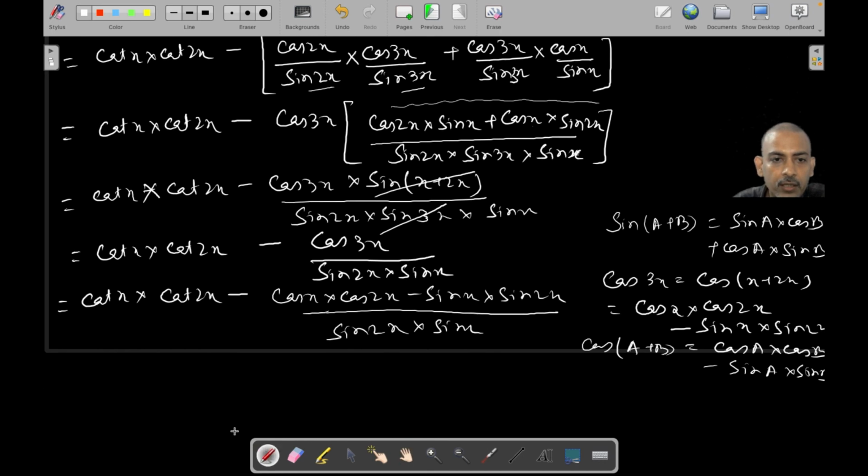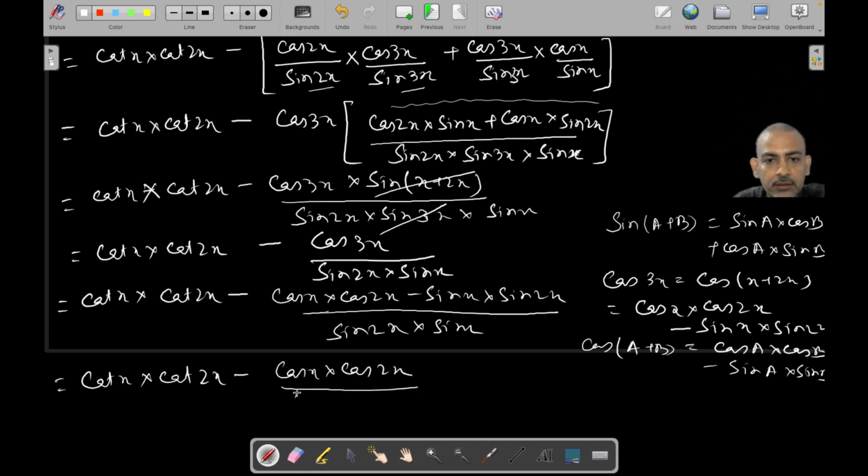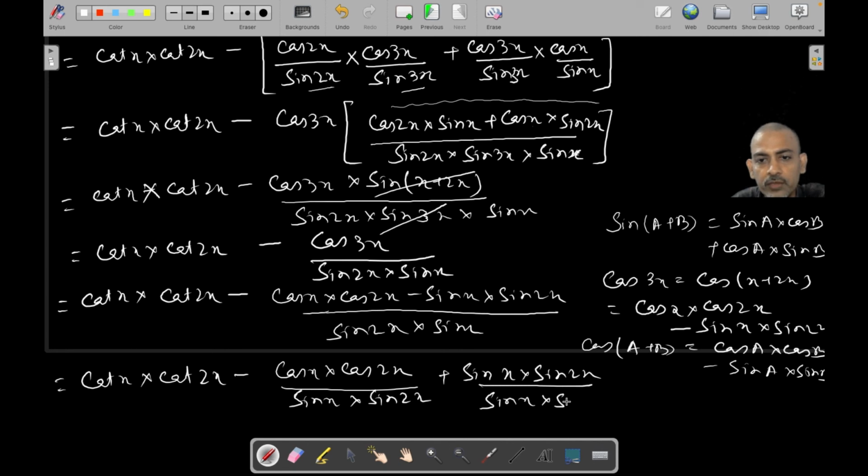Now if I keep going, cot x into cot 2x, and divide this separately, this will be cos of x and sin of x. So this will become cos of x into cos of 2x divided by sin of x into sin of 2x. I just rearranged it, and this will become minus minus plus sin of x into sin of 2x divided by sin of x into sin of 2x.